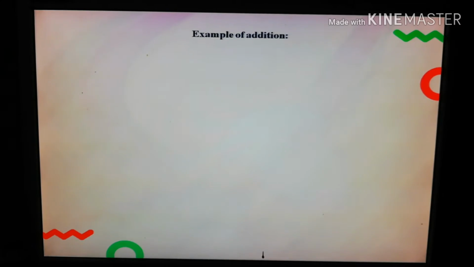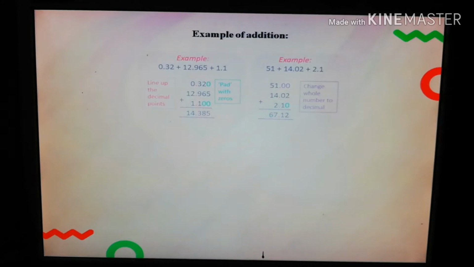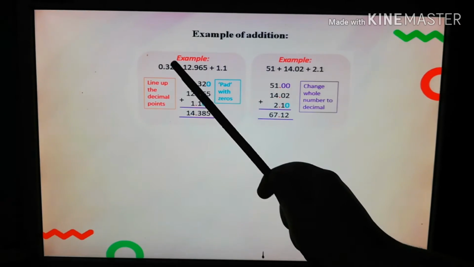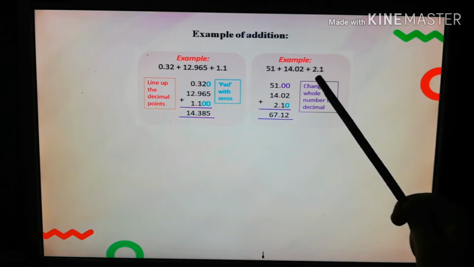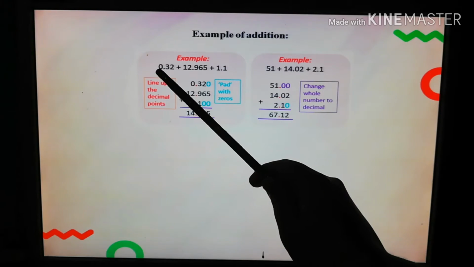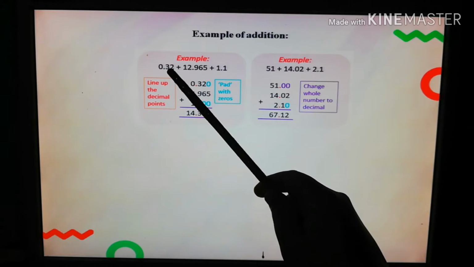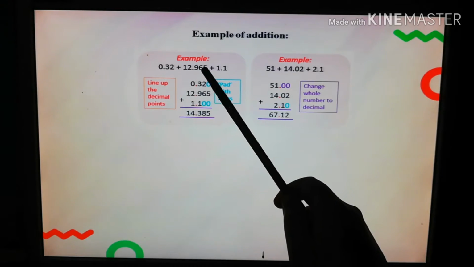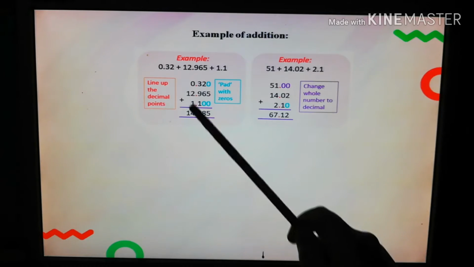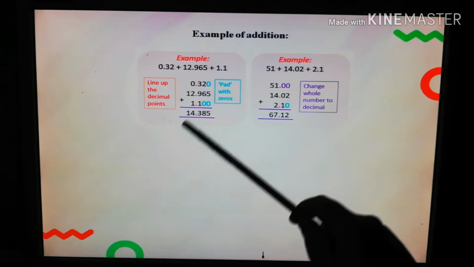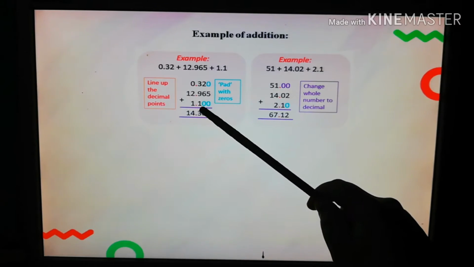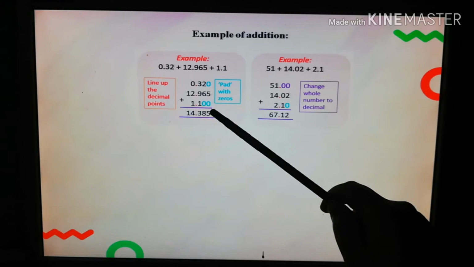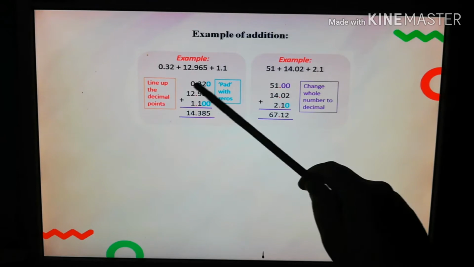Here we have our first example for addition. This is our first example and this is our second example. As you can see, in our first example, we have 0.32 plus 12.965 plus 1.1. You have to line up the decimal points as you have in the picture in here and then pad with zeros the numbers that are missing, as you can see.